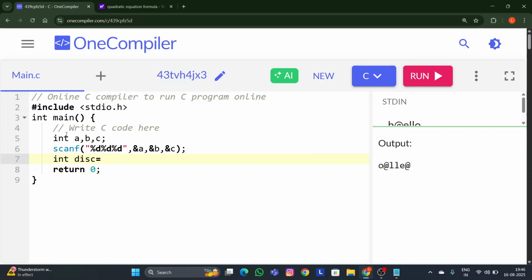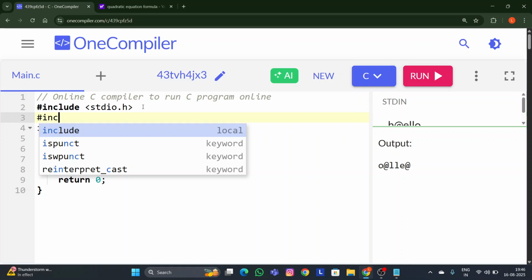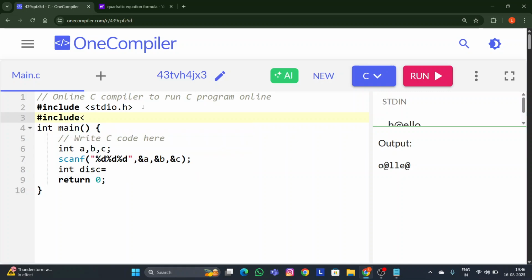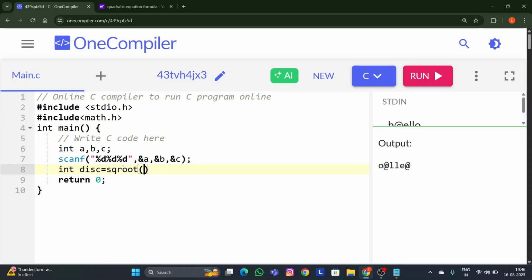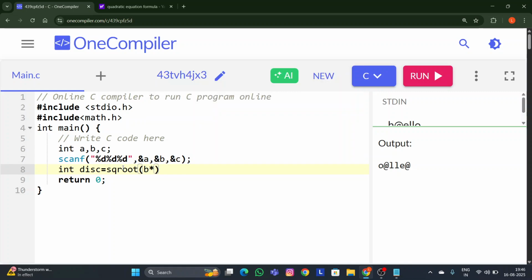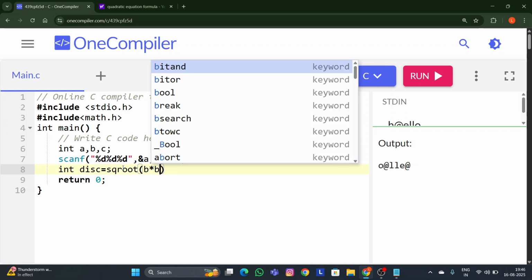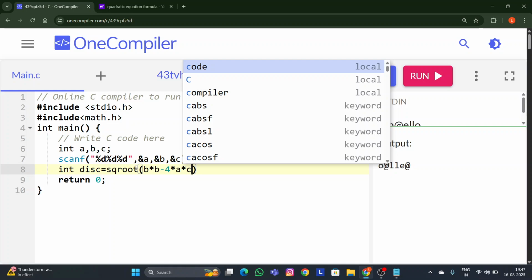When we use basic math functions like square root or power, we want to import the math.h header file, then only this function will work. Square root of b into b minus 4 into a into c. This is the disk value.